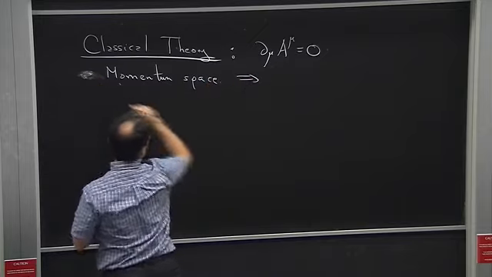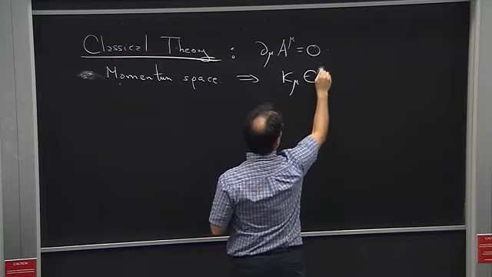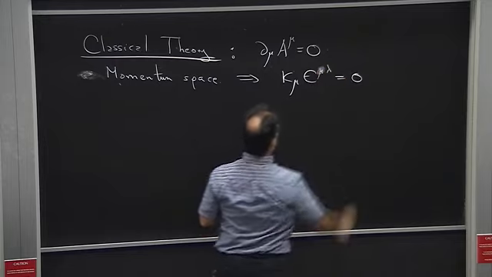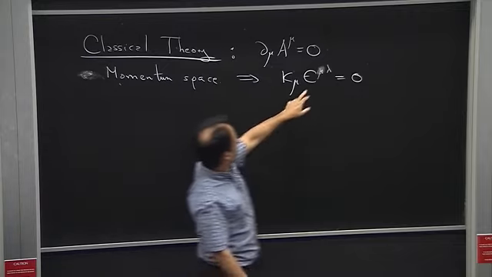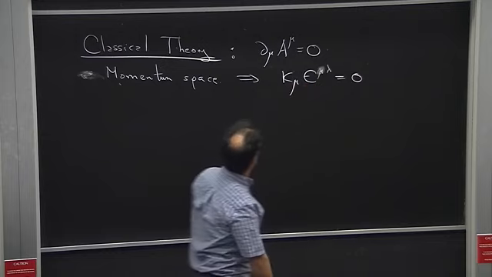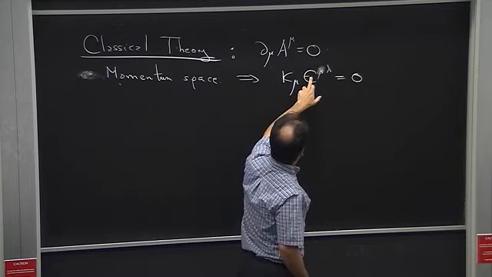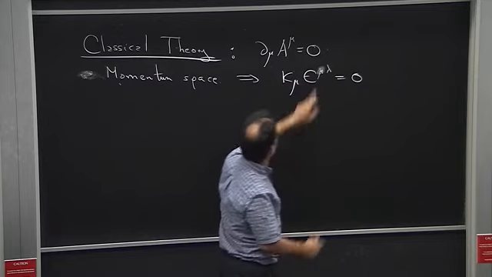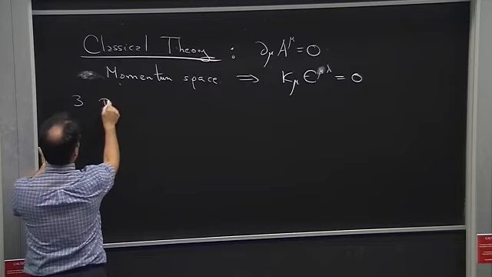This condition implies that k^mu epsilon_mu^lambda has to be 0. Out of the 4 possible polarization vectors that we have, we have to impose that this object vanishes. Now, this condition by itself is a single condition. So it tells us that there are 3 polarizations left.